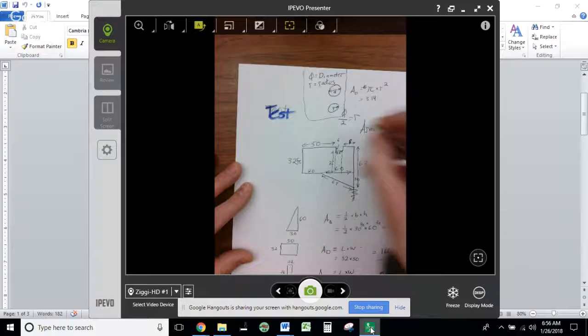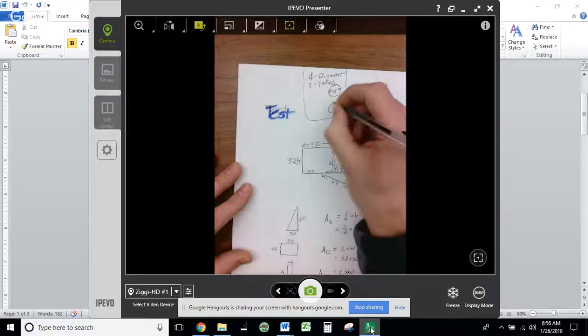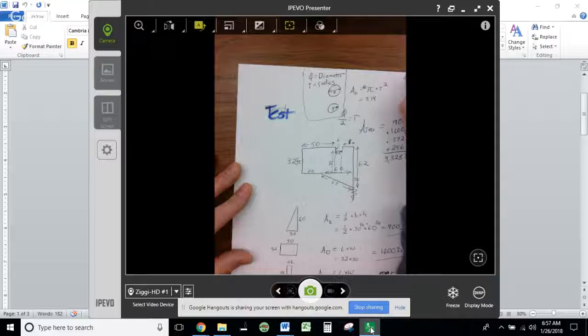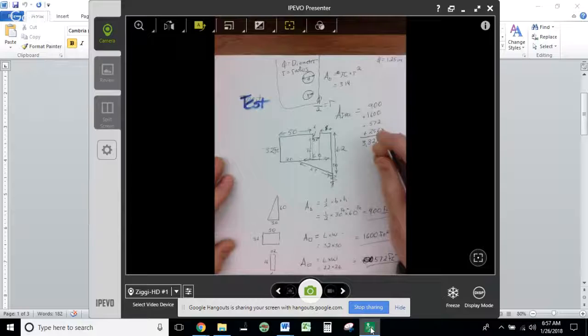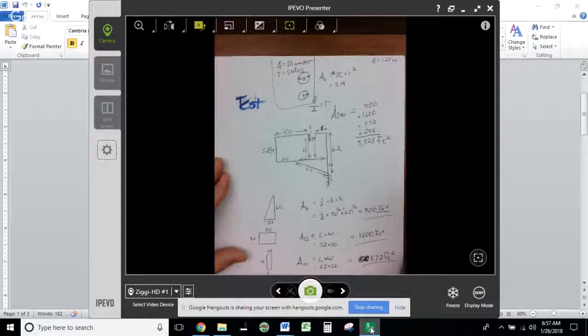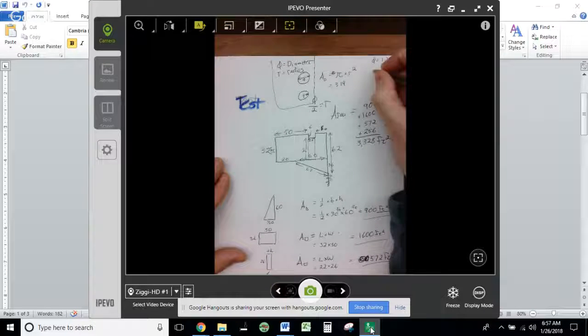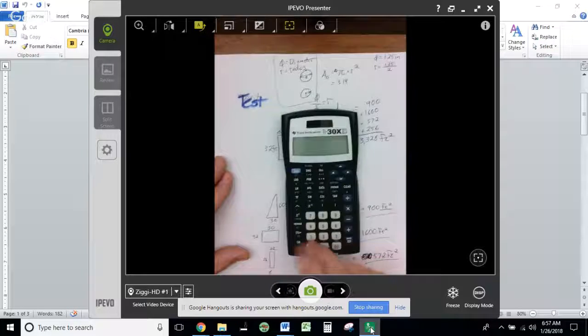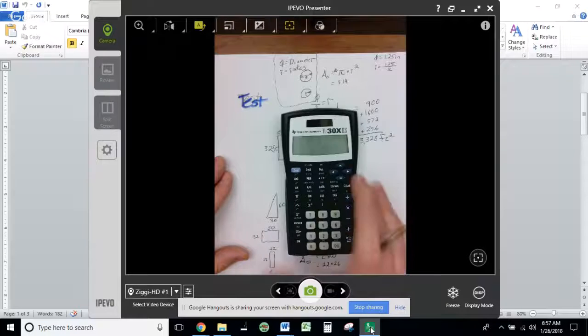So let's say I have a diameter of 1.25 inches. So how do I get my radius? My radius is equal to 1.25 divided in half. So 1.25 divided by 2, 0.625.